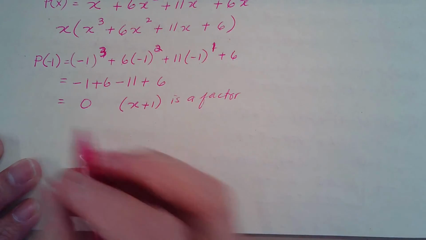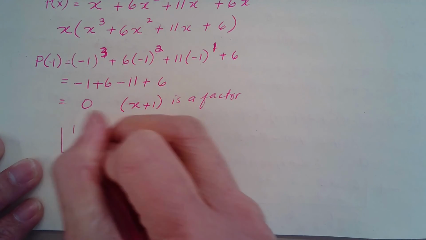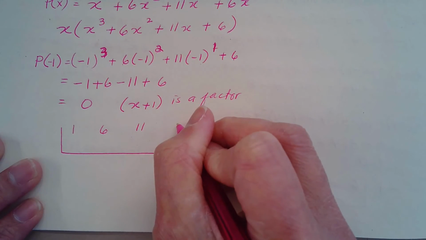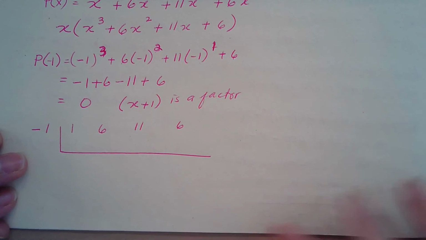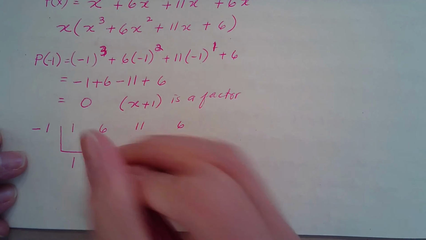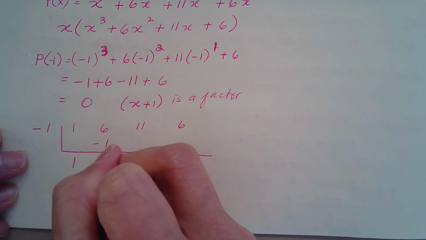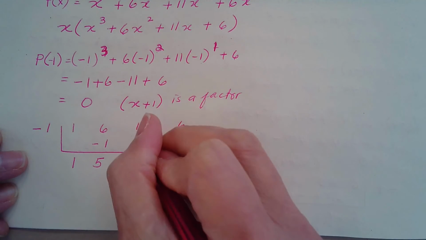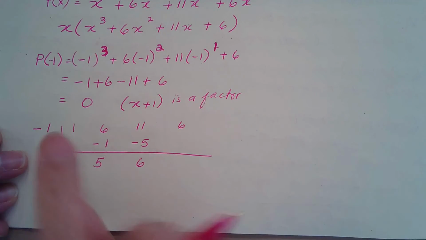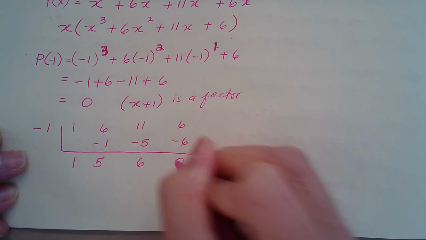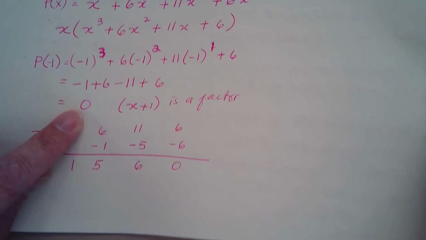Synthetic division. We're going to pick up from here: 1, 6, 11, 6, with negative 1. The remainder has to be 0 because we already tested that it's 0.